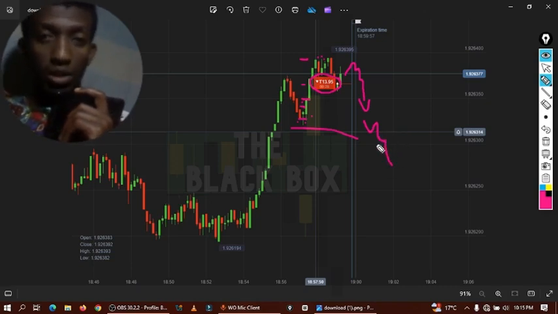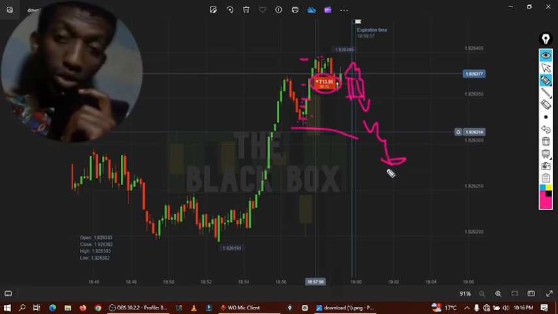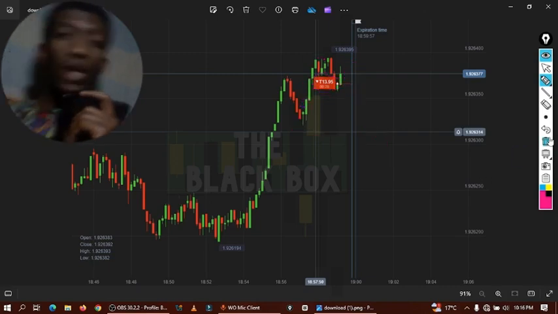That's what we expect. I mean, not actually here. For it to reach this one, we might have to see a huge candle, a huge black box just like this. So based on the range, the TP will be huge.